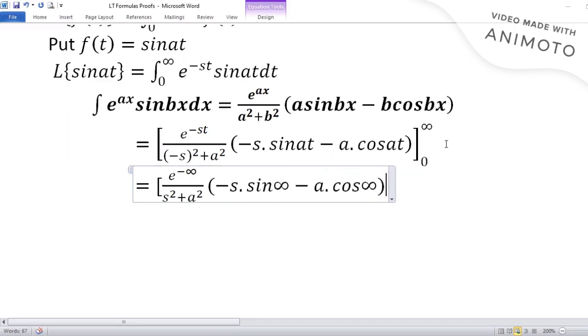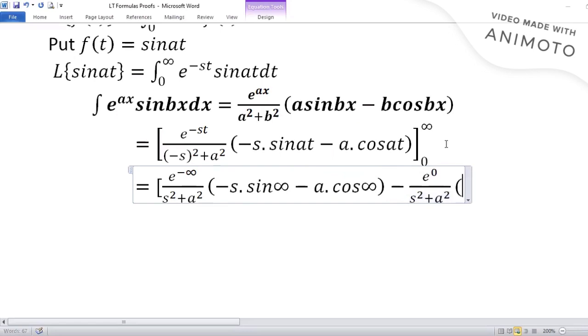But e raised to minus infinity is 0, so eventually everything will become 0. The second part, e raised to 0 upon s square plus a square, and beside that in the bracket minus s sine 0 and minus a cos of 0.